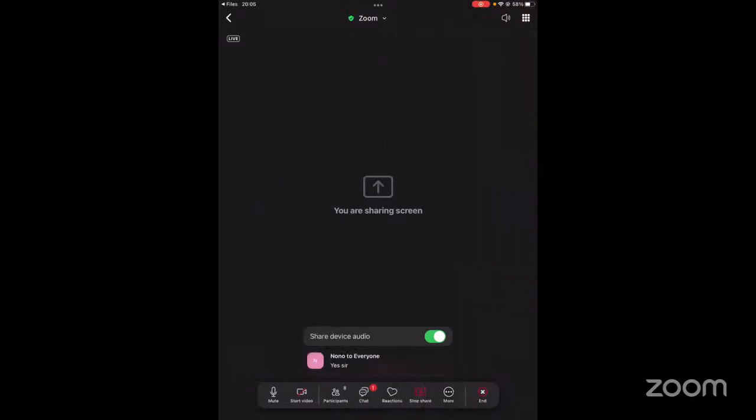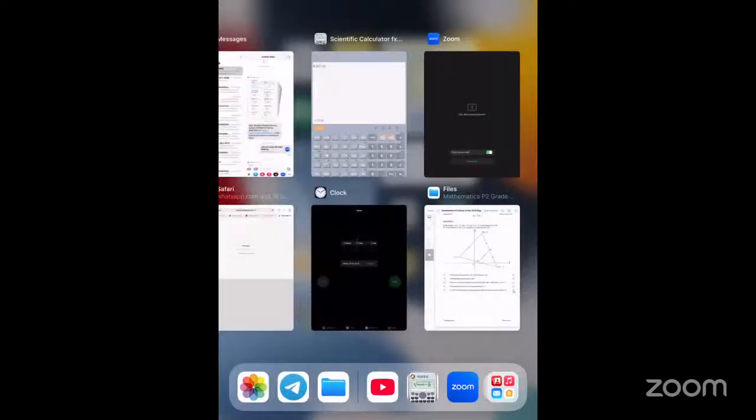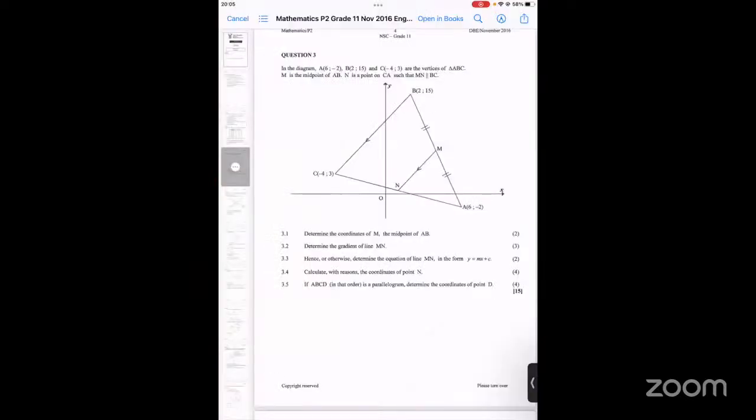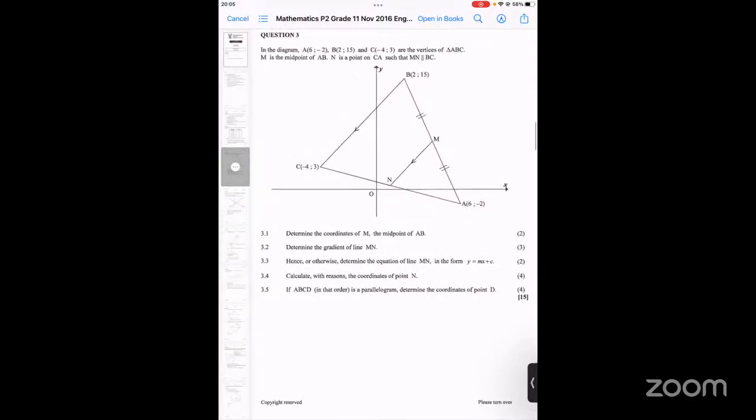Okay, then it's fine. So this is how we are going to be doing today's lesson, honorable members. What I'm going to do is go through that given statement, look at the given diagram, and then from there we'll just browse through the questions.